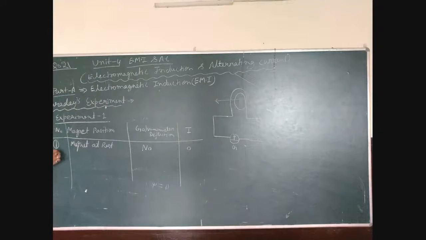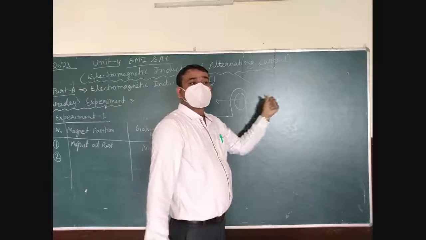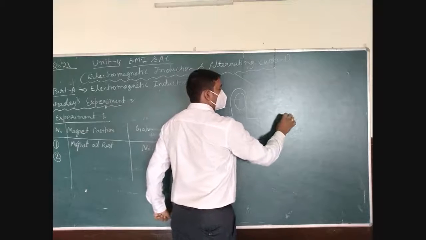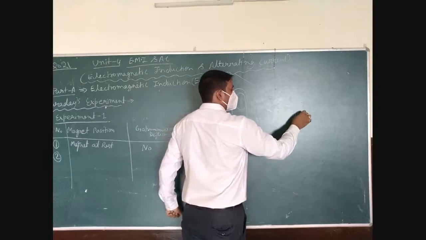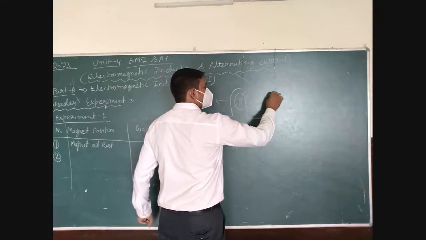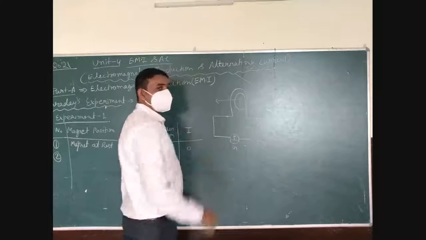Another point: when the magnet is moved towards the coil, it comes to this point and lastly near the coil.